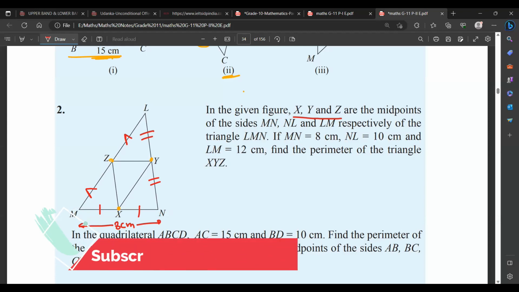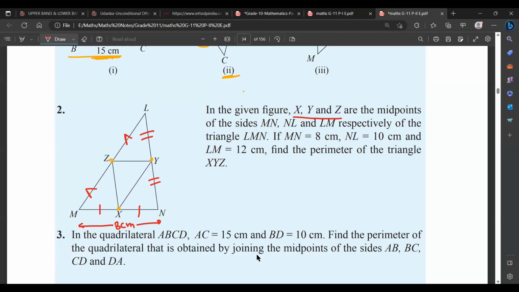According to that, these are midpoints, no? This should be half of that one because Y and Z are the midpoints. So this one 8 centimeters, this one should be 4 centimeters.